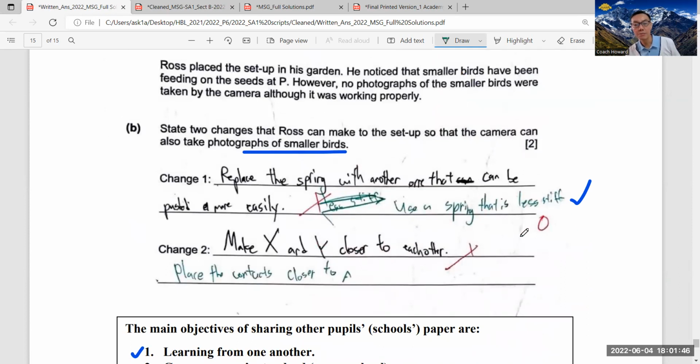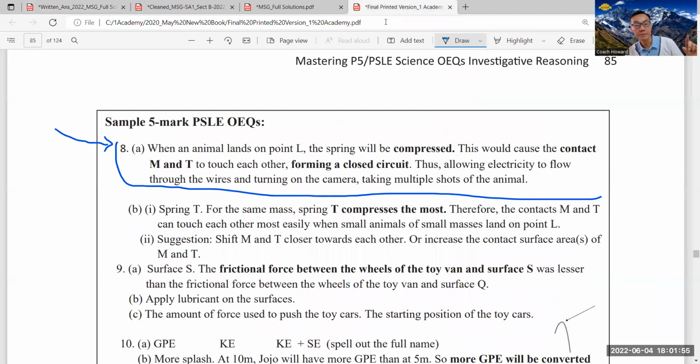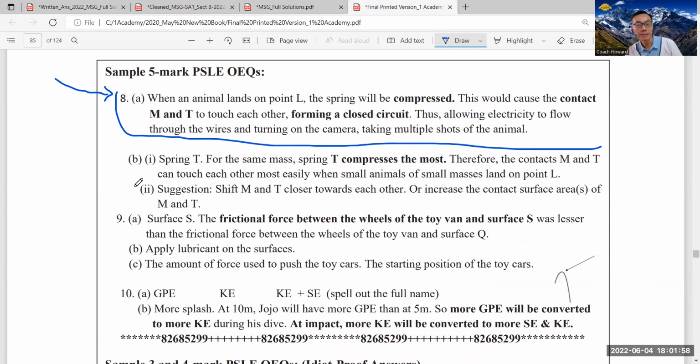Number one, you can use a spring that is less stiff, or you can put the contact closer to A. I can also shift the two contacts X and Y closer to each other, or increase the surface area of the two contact points. So these are the possible answers. I have a screen save already, and then I'll send the solution to this part.